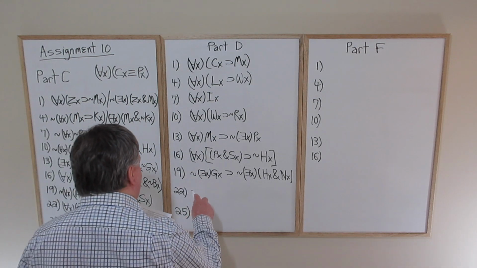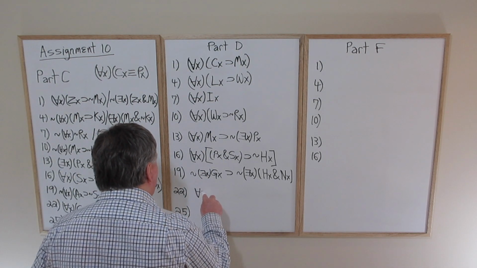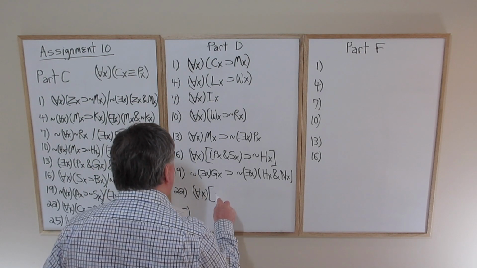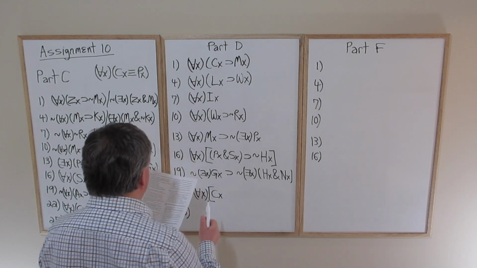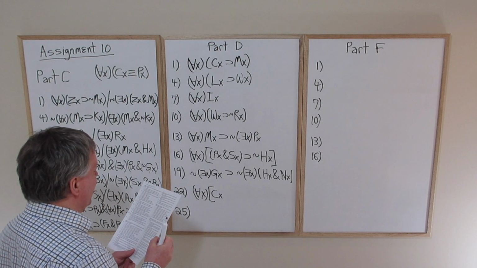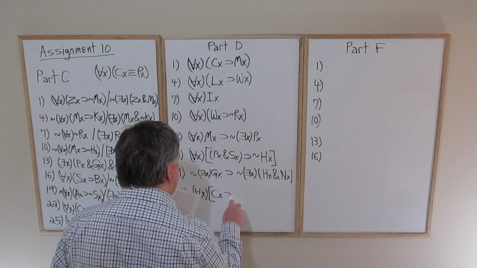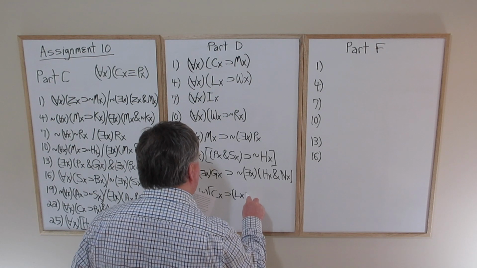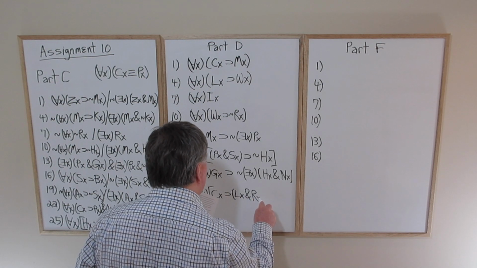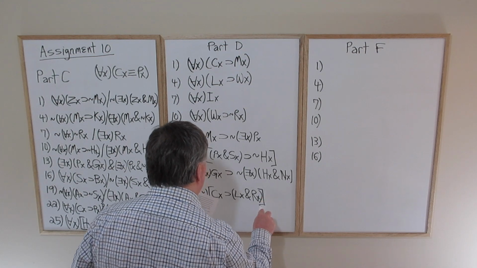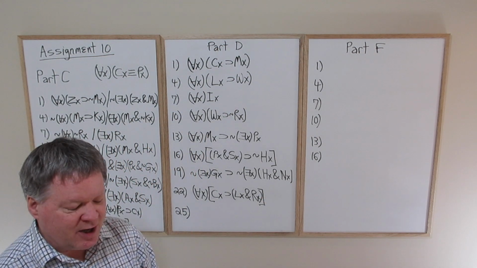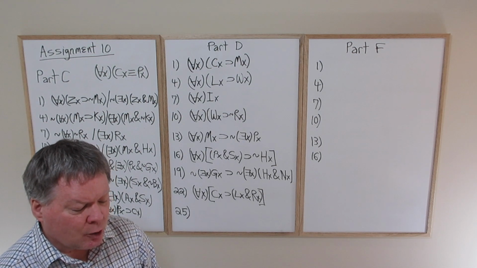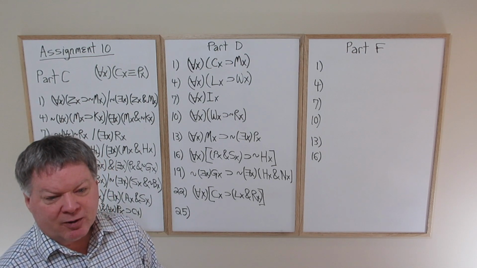So this is going to be all X are such that if X is a capybara, then X is large and X is a rodent, because, as the English sentence says, only large rodents are capybaras.